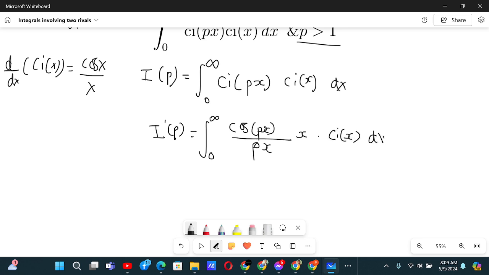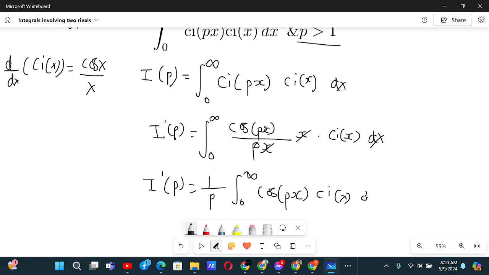Now the x cancels out, so we have I dash of p as 1 by p times the integral from 0 to infinity of cos px times Ci of x dx.